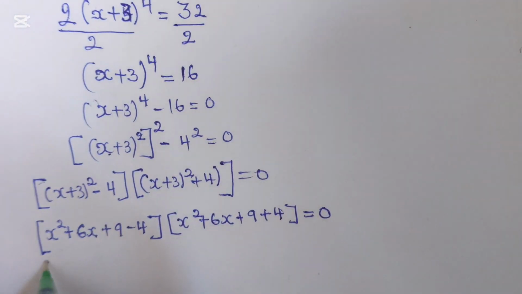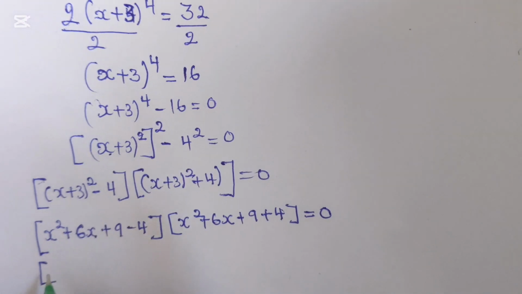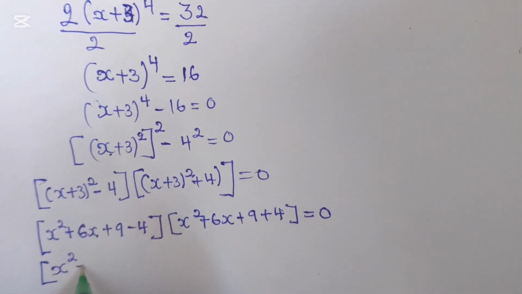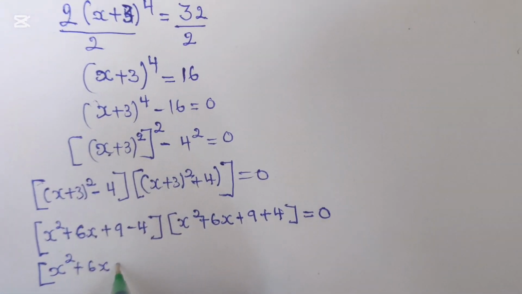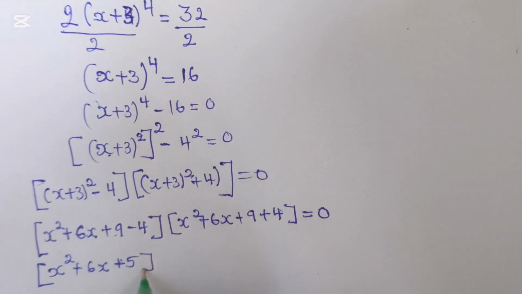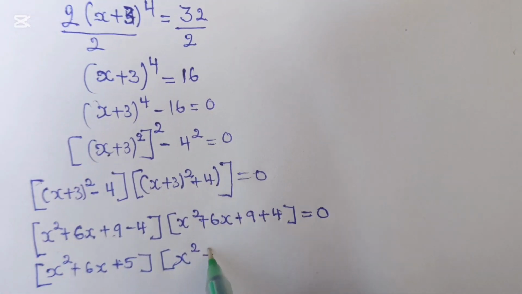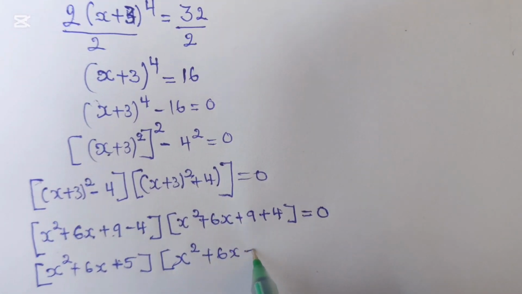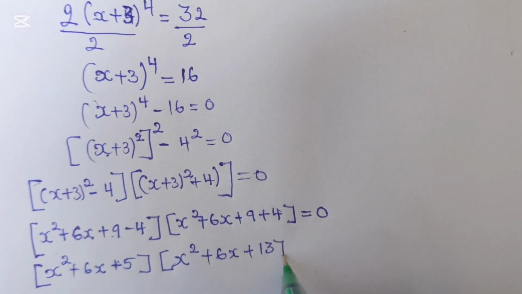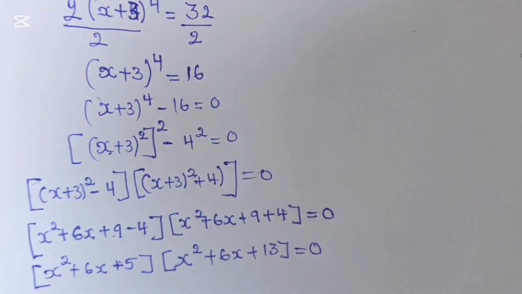Now this will provide x squared plus 6x plus 5, then here we have x squared plus 6x plus 13 to be equal to 0.